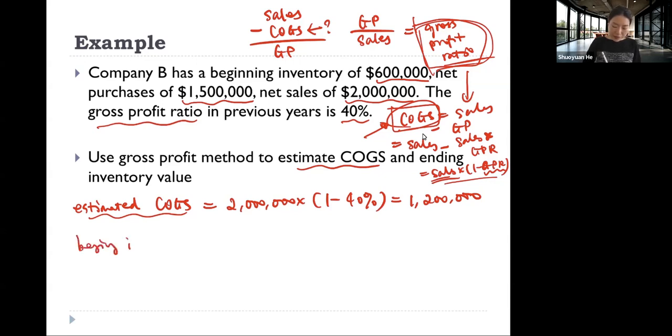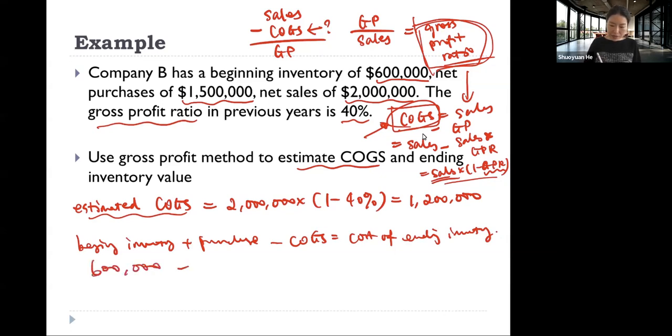And then after we know the estimated cost of goods sold, from the formula, beginning inventory plus purchase minus cost of goods sold equals the cost of ending inventory. We know our beginning inventory is 600,000.